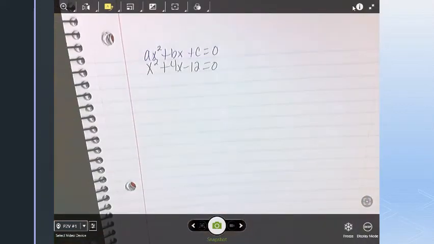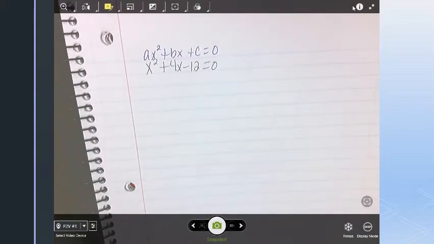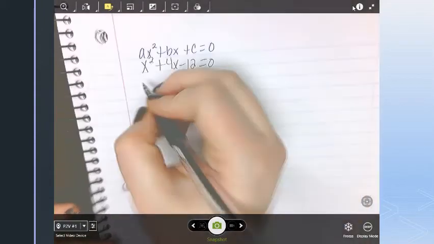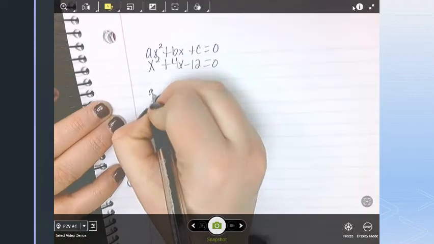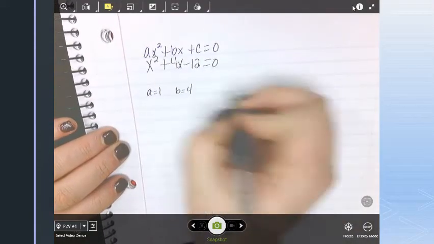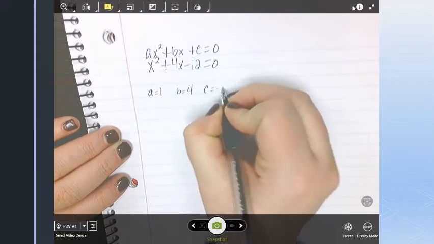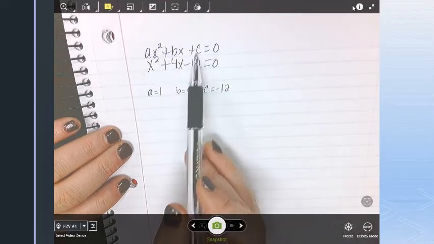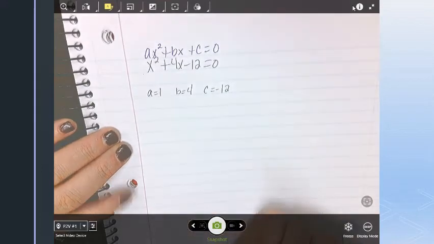So we need to figure out what A is, what B is, and what C is. In this particular situation, A is 1, B is 4, C is negative 12. A's there, B's there, C's there. Do you see how I got that?